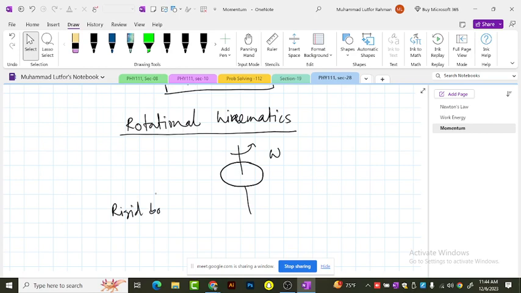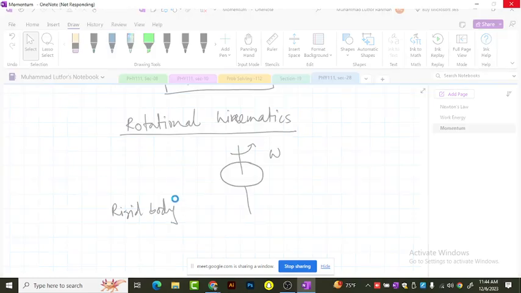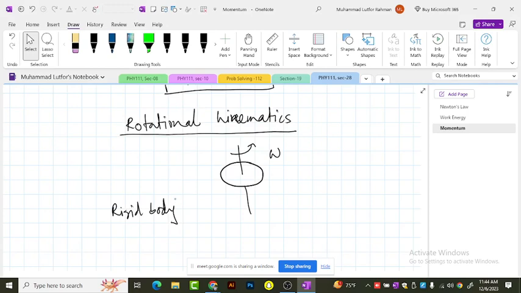A rigid body is a body in which the distance between any two point masses of the system is constant. Let's say I have an arbitrary shape of object, and these are 2 point masses in that rigid body.